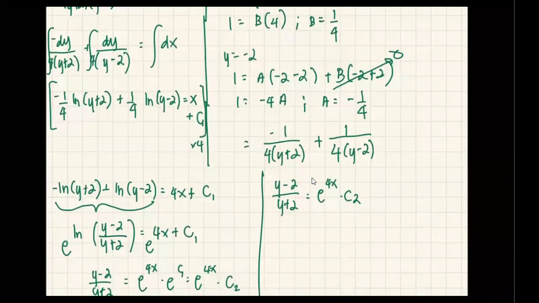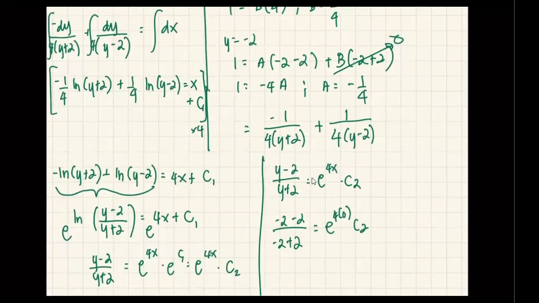Pag x is 0, so we have y is negative 2, and then negative 2 minus 2 over negative 2 plus 2 is equal to e to the 4 times 0 times c2. So, yung left side will be 0. Ito will be c2. So, c2 is equal to 0.